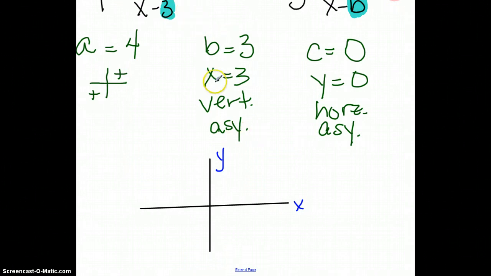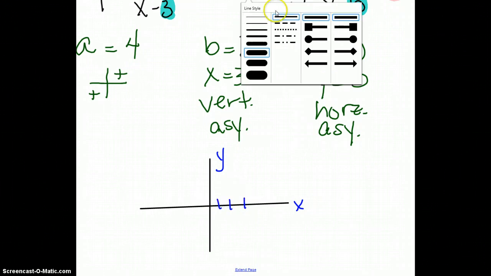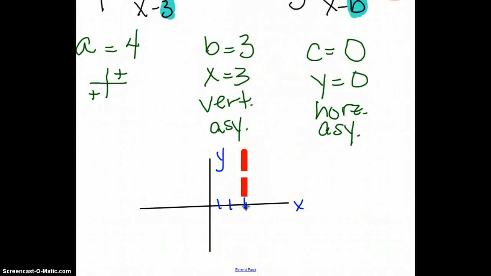Now, my vertical asymptote is at 3, so that's in the x equals. So x equals 3 would be right there. And then that means I have a dashed line that goes there. Now if I look at y equals 0, on the y-axis 0 is right here.